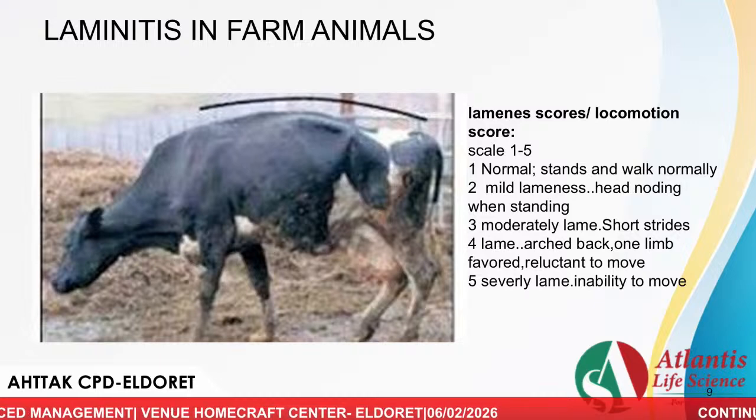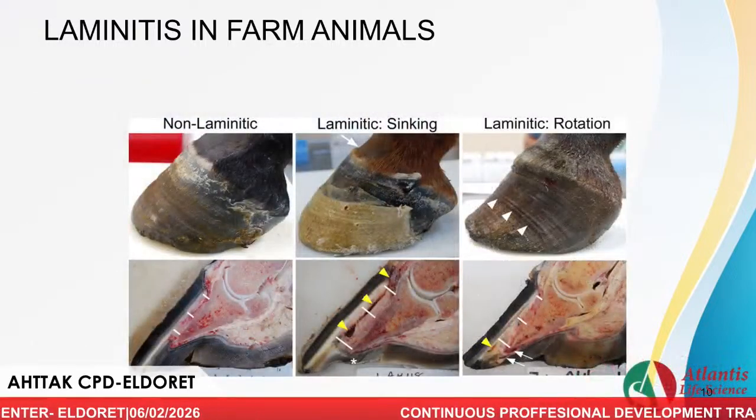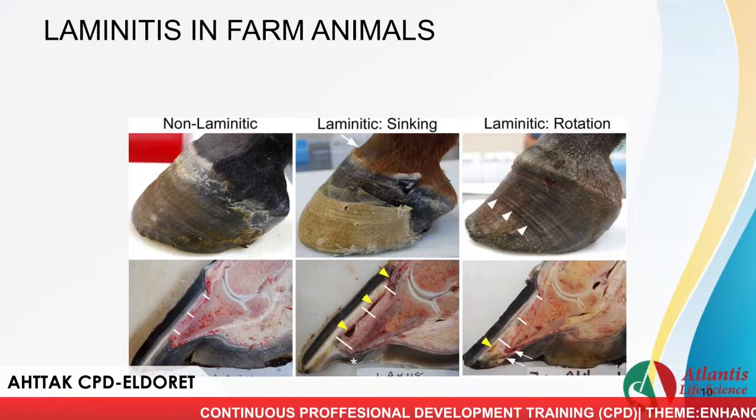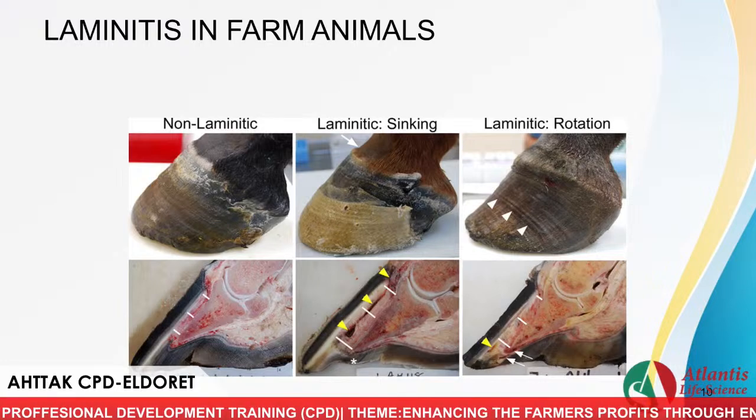And then this is just a comparison between the lame hoof and the normal one. For number one, you can see it is non-laminitic, and then this one is sinking because the inflammation is setting in.